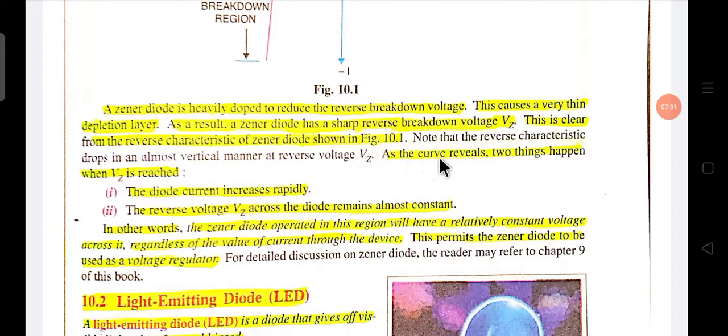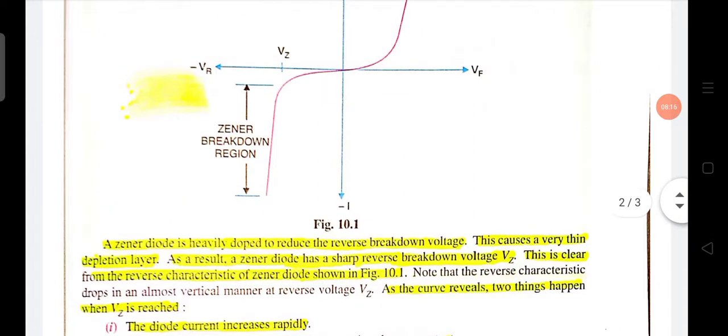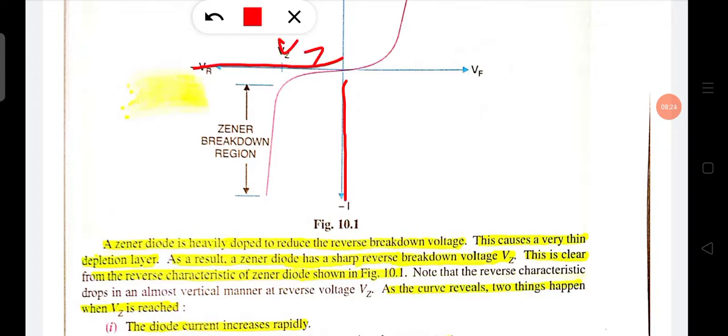As the curve reveals, two things happen when Vz is reached. The diode current increases rapidly, and the reverse voltage Vz across the diode remains almost constant. From the curve, this is the current and this is the voltage and this is Vz, the breakdown voltage.